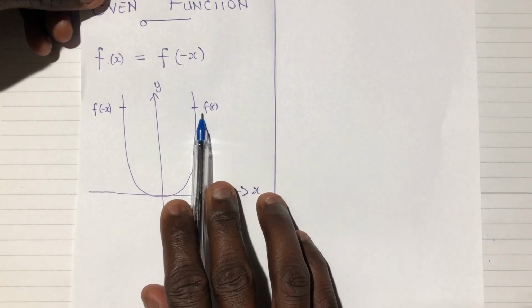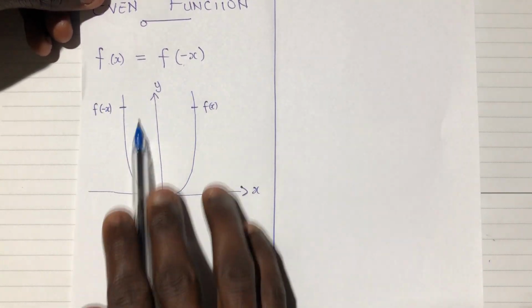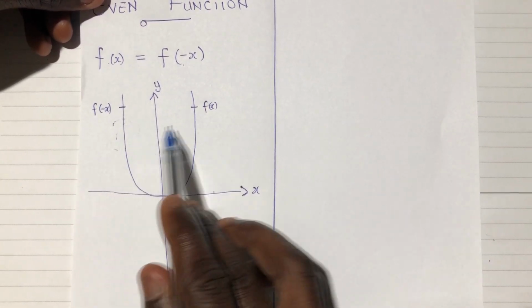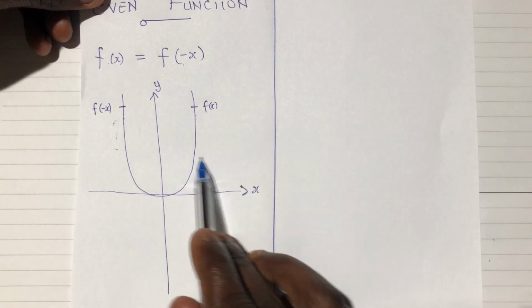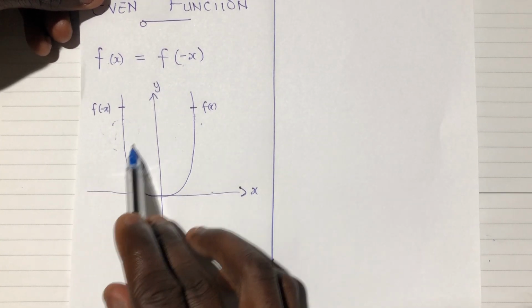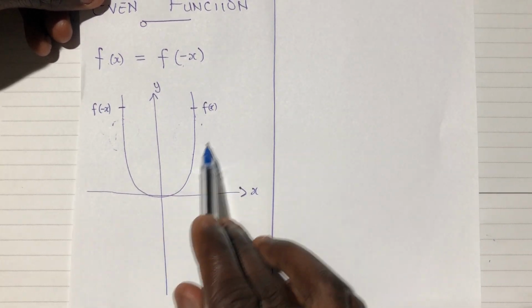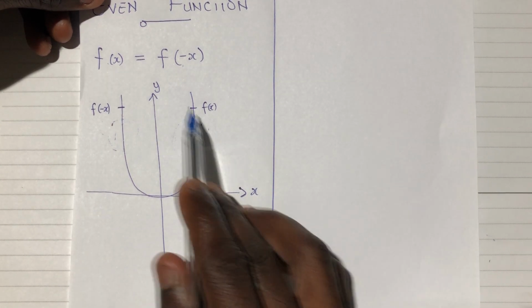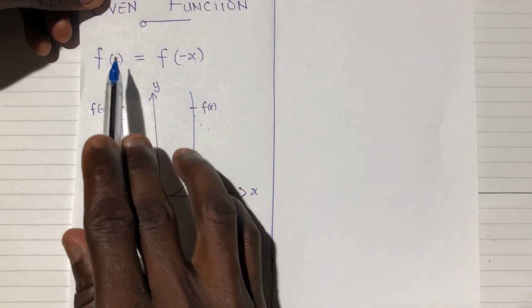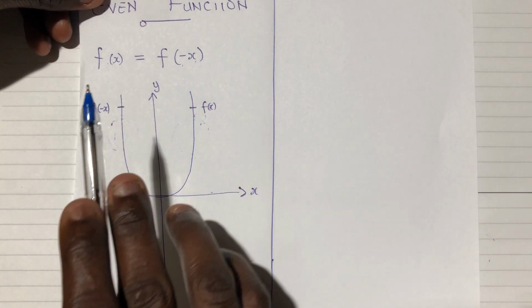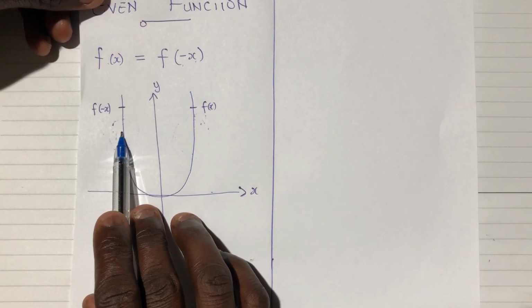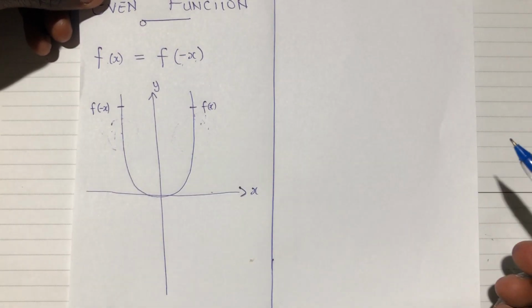This simply means that whatever values we find here are the same as the values we have here. So any equation here will be the same as the equations here. So the function f of x on this side will be equal to f of negative x. And that is why we say it is symmetric in nature.